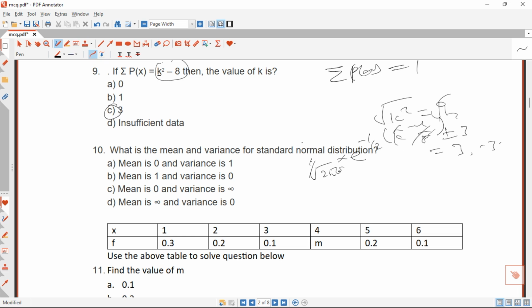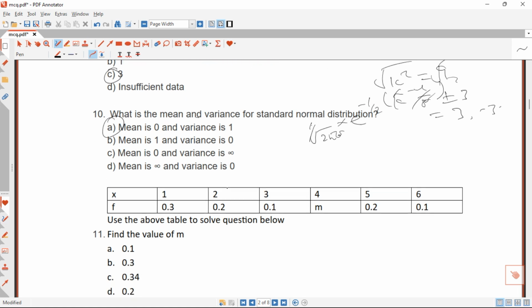But in order for us to calculate the probabilities, we cannot integrate this whole function. So we use the standard normal distribution to find the probabilities of this normal distribution. In order to use the standard normal distribution, we just assume that our mean is equal to 0 and our variance is equal to 1. So for the standard normal distribution, we have a mean of 0 and a variance of 1.